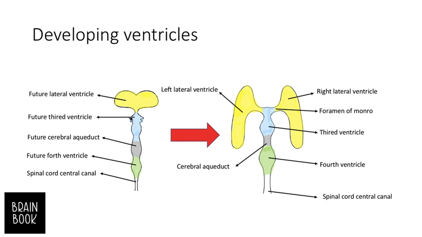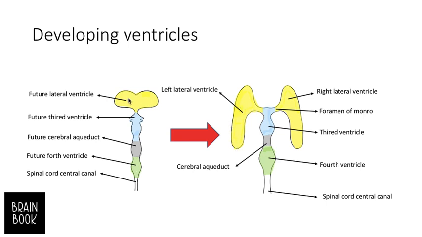Here you can see the development of the ventricles. The lateral ventricles through the development will form like this, and here I marked them with different colors to demonstrate better.